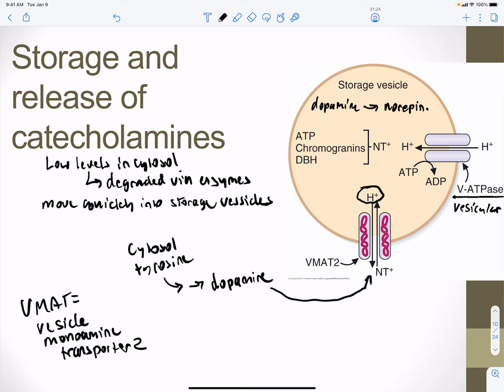The vesicles have a dual role. Of course, vesicles are there to store the neurotransmitters, and they're also going to be part of the process of neurotransmitter release via exocytosis following an action potential and calcium influx.